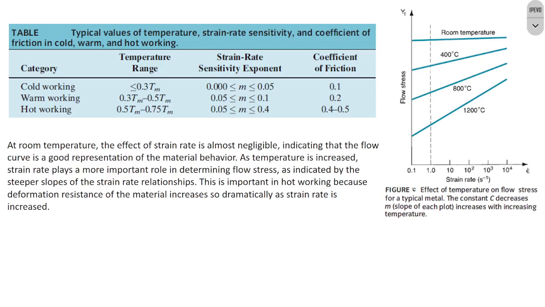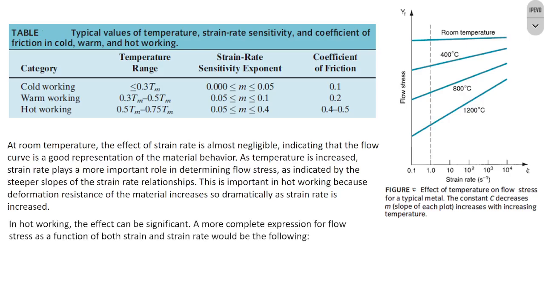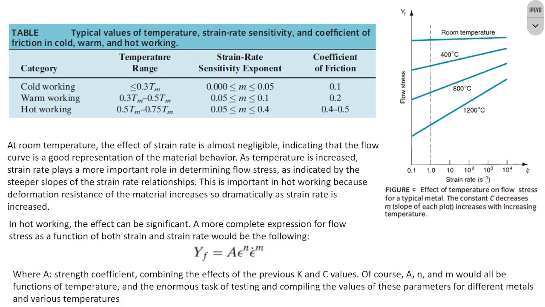Yes, there is a table to see the coefficient of friction, strain rate sensitivity, and temperature ranges. In hot working, press work, between the surface of the object and the surface of the die, there will be very great friction forces.